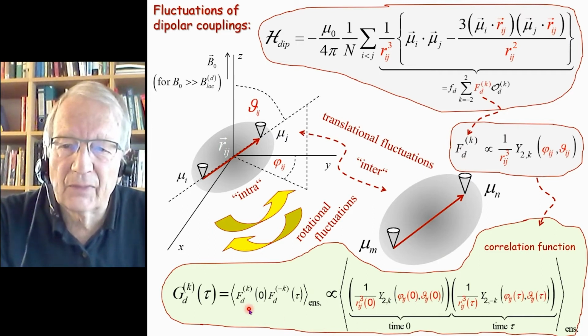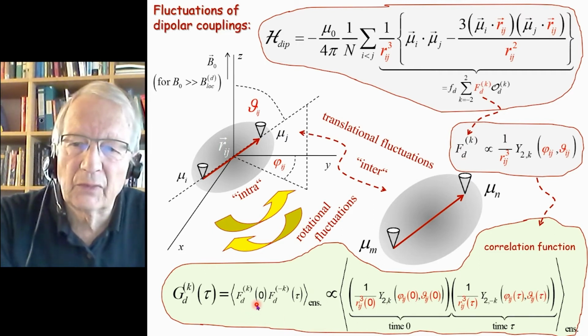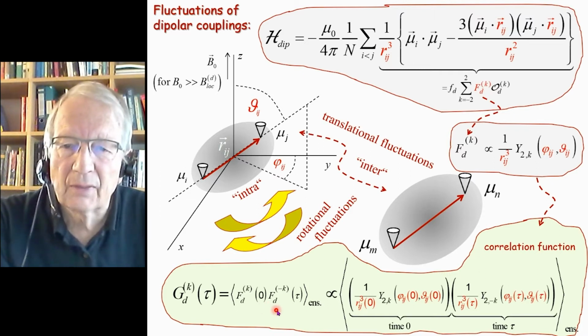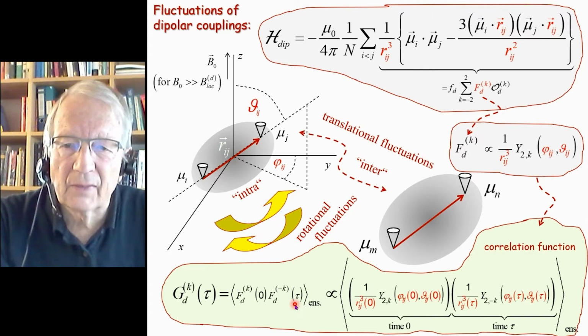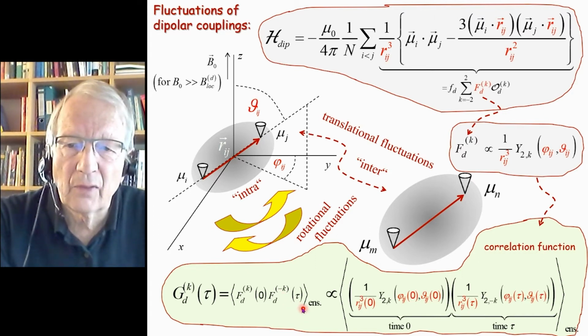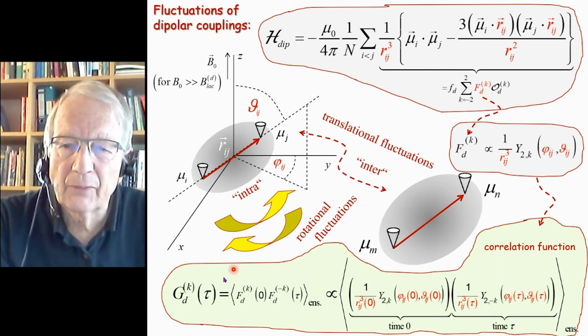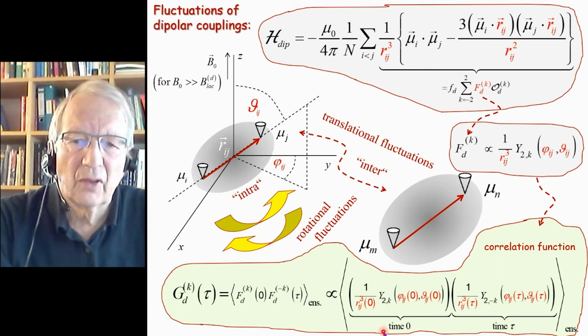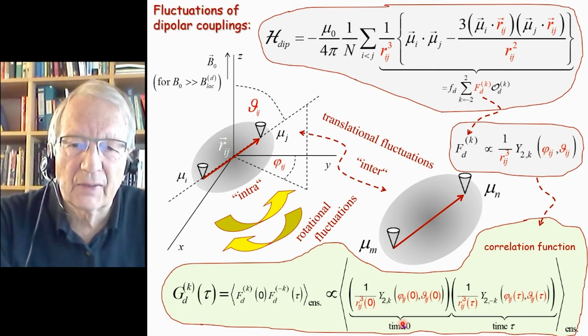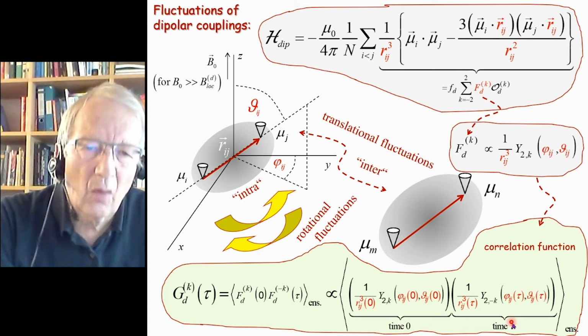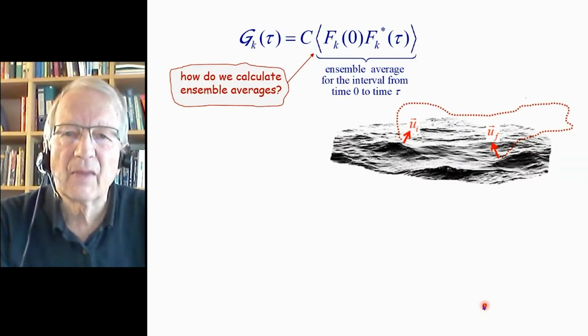So it's given as the product of this function at time 0 times the function at the time tau, the conjugate complex version of this function, and we have to take the ensemble average. Spelled out, it looks like this. Important, we take the function at time 0 and at time tau and take the ensemble average.